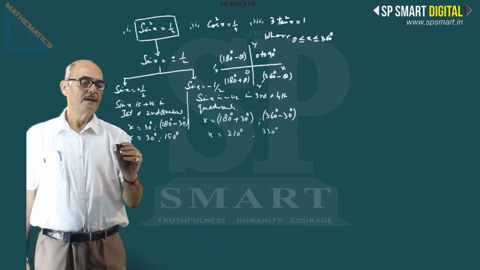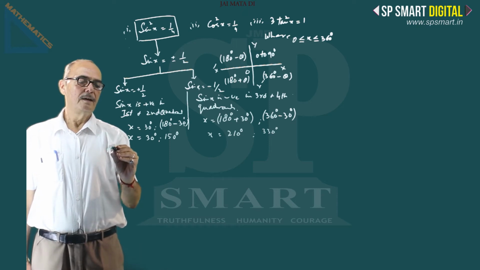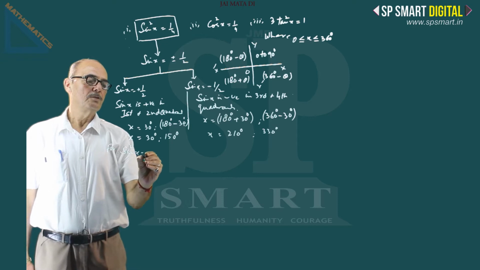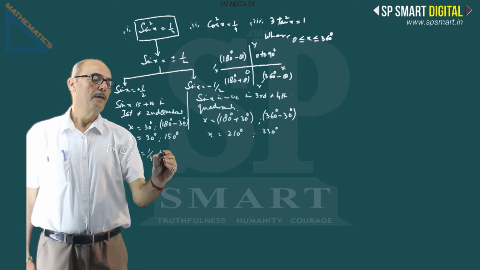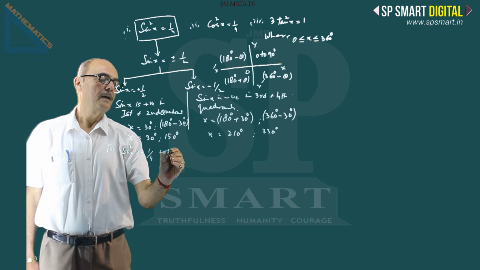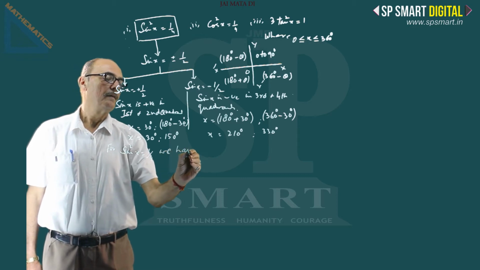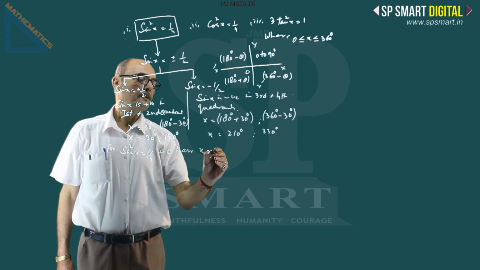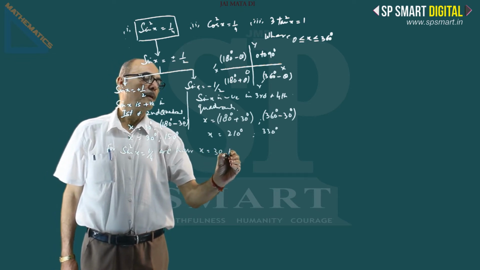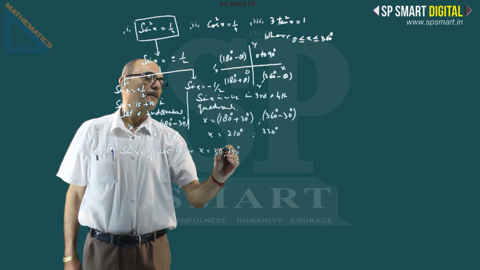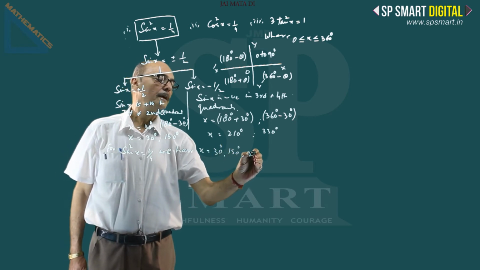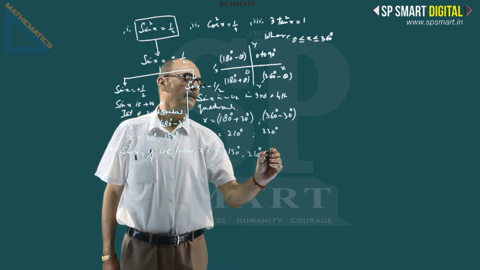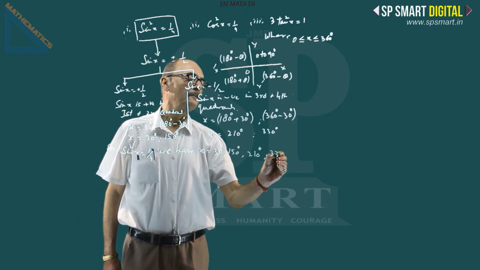So, finally, for sin square x equals to 1 by 4, we have x equal to 30 degrees, 150 degrees, 210 degrees and 330 degrees.